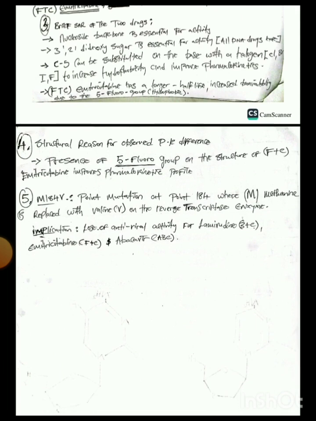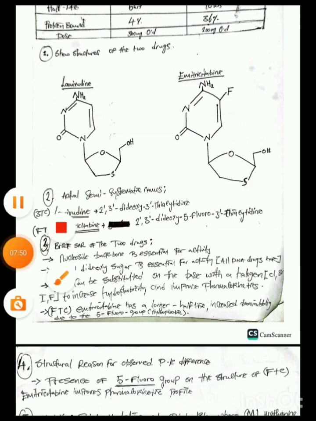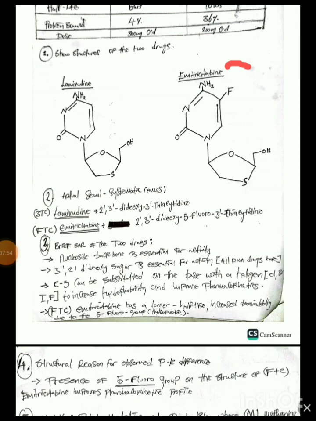So we have been asked on the 4th question to look at the structural reason for the observed pharmacokinetic difference. Okay, so according to our observation, the structural reason is our 5-fluoro functional group on emtricitabine. So this fluorine atom is increasing the hydrophobic profile of emtricitabine. Okay, so that means that emtricitabine will have improved pharmacokinetics as compared to lamivudine.